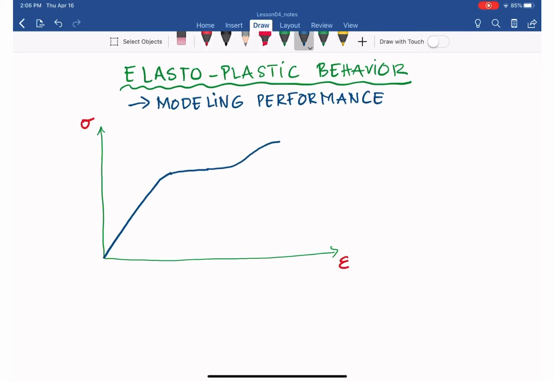The strain still increases, and at some point, without the stress increasing, the strain keeps increasing and the material ruptures. So with that behavior, there are two phases, elastic and plastic.